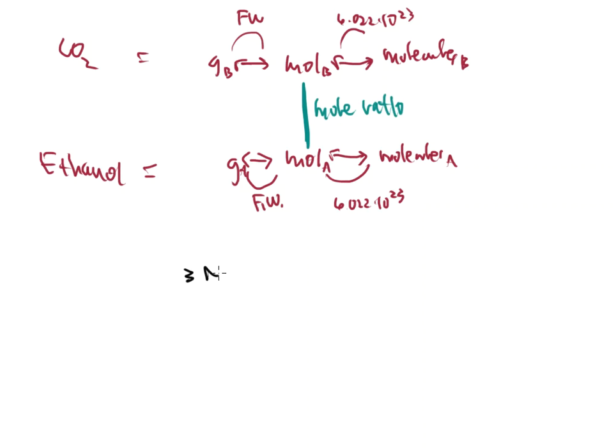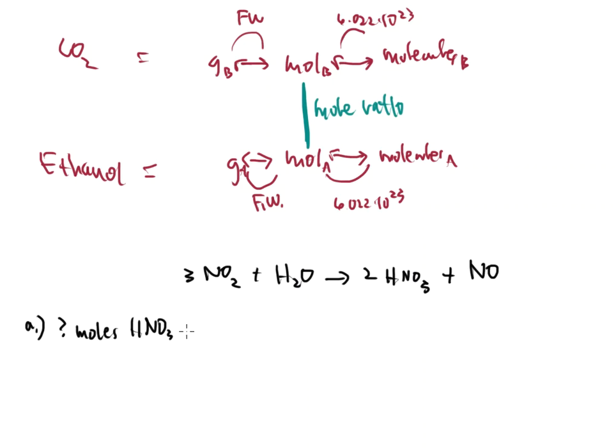So we're going to start off with a reaction that's 3NO2 and H2O will give me 2HNO3 and NO. And I've got a question, and the first question is, how many moles of HNO3 could be made from 63.3 moles of NO2?